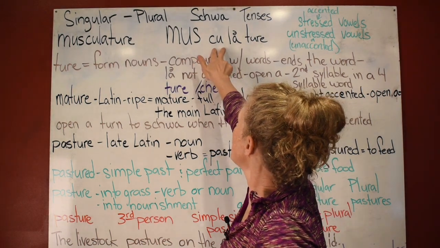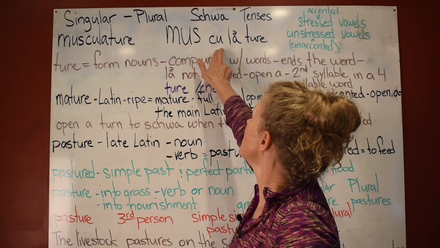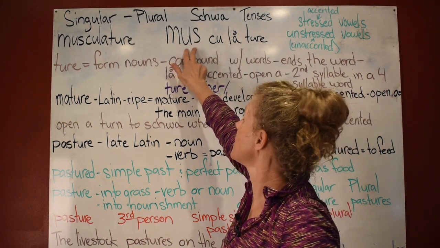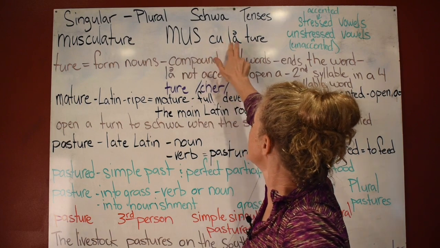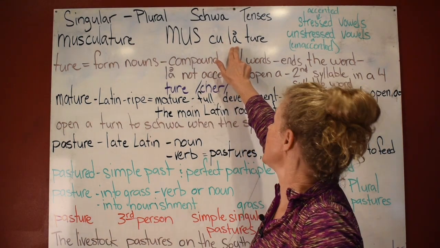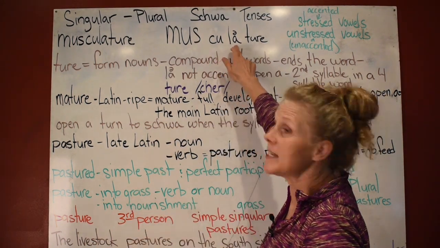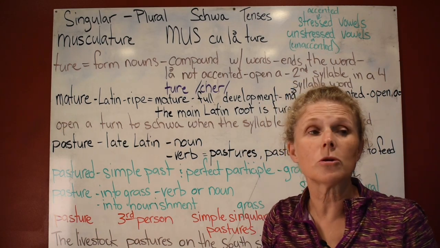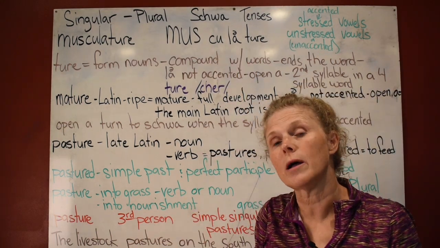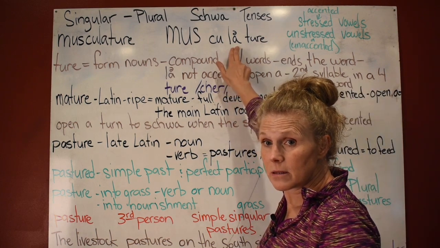And then we have cu. This is not accented. So this is an open syllable. This is a closed syllable right here. And what kind of syllable is this, boys? Open. Open, exactly. So you need to remember that if you have an open A sitting in one of your syllables, this is going to help you learn how to read. This turns to schwa if it's not accented. Does this look accented?